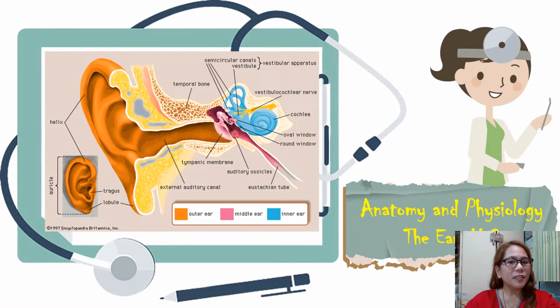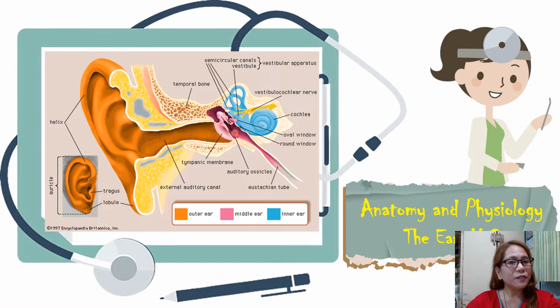We have the malleus or what we call the hammer, the incus or the anvil, and the stapes or the stirrup. The sound waves cause the eardrum to vibrate, which then sets the three tiny bones in the middle ear into motion.